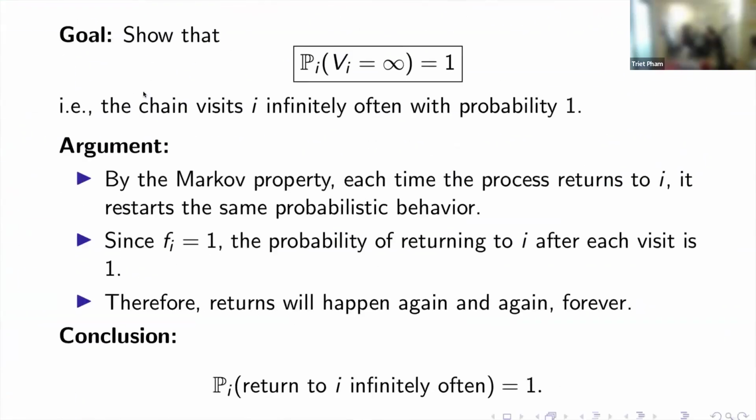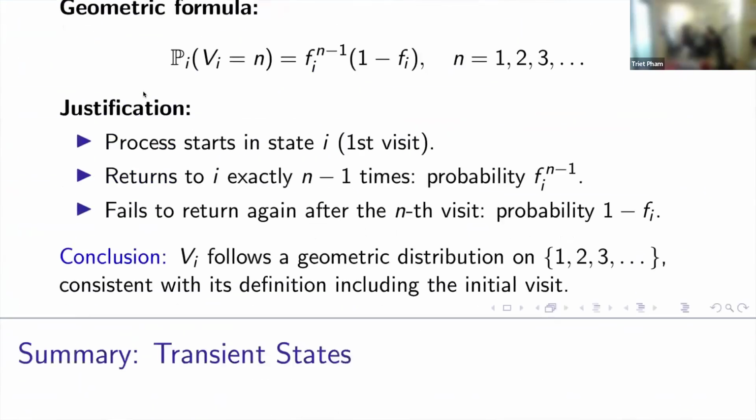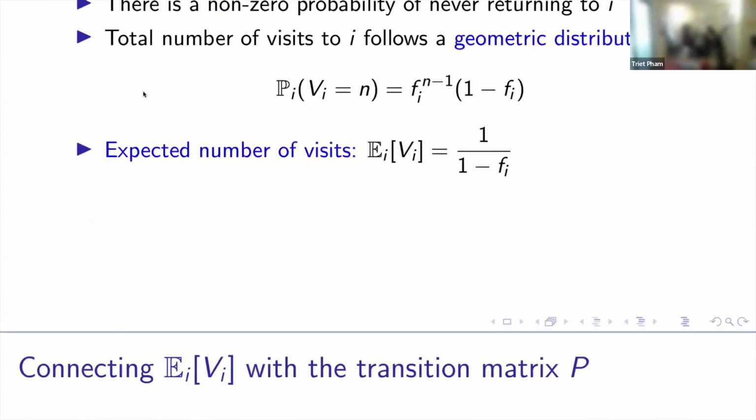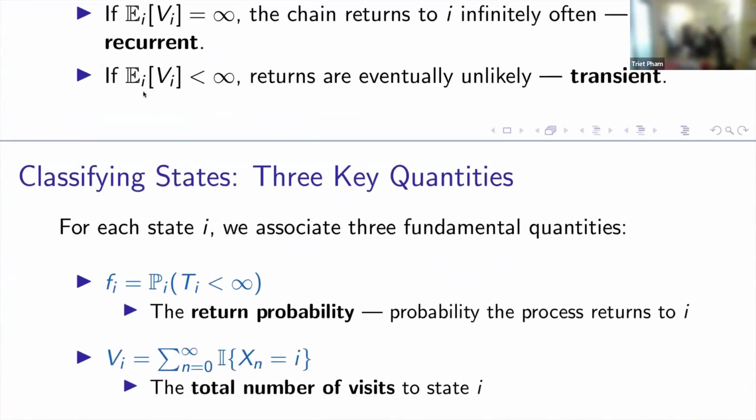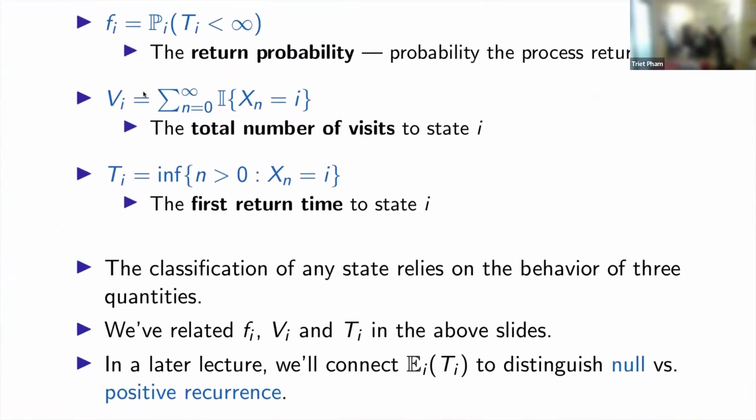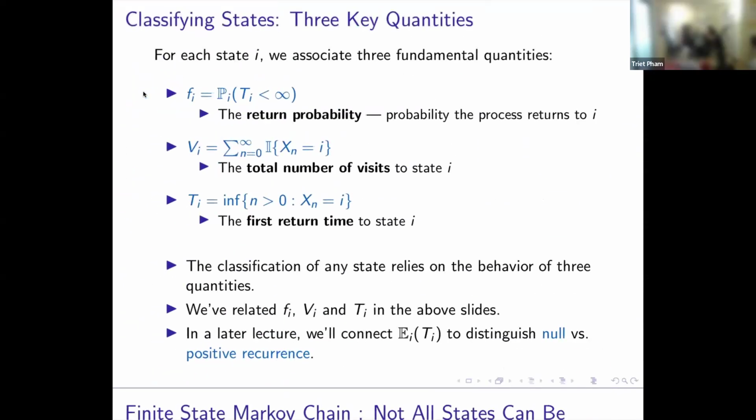That basically, let's see here. Yep, this slide right here. For a state, there are three key quantities that we use to classify it.